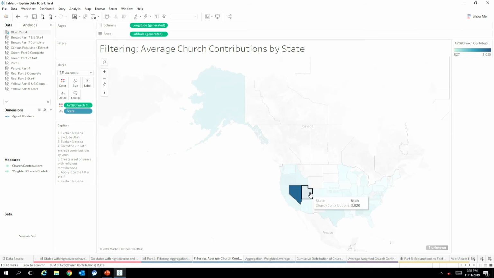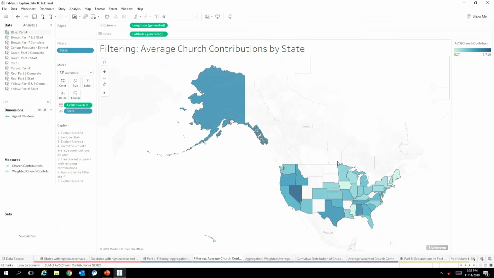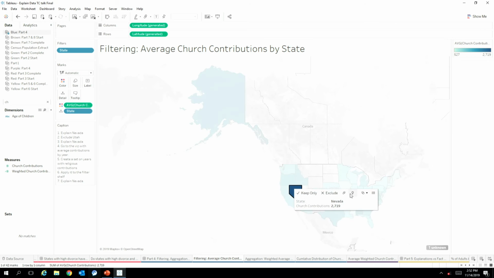So one thing I could do is exclude Utah, because Utah is primarily a different religion to the rest of the states, and we've seen that Utah is quite an outlier and can really change the correlations in the underlying data. So if I exclude that, now let me go and explain Nevada.